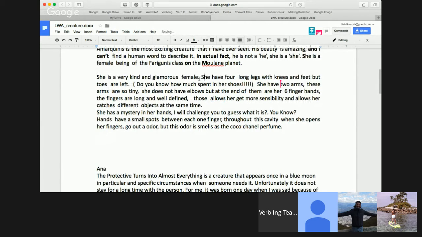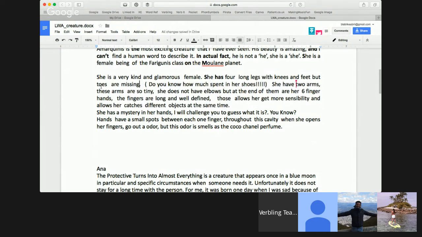Good. She has 4 long legs with knees and feet, but toes are left. What do you mean when you say toes are left? She doesn't have those. She doesn't have any toes. Yes. Toes are missing is what you mean. Toes are missing. But she doesn't have any toes.